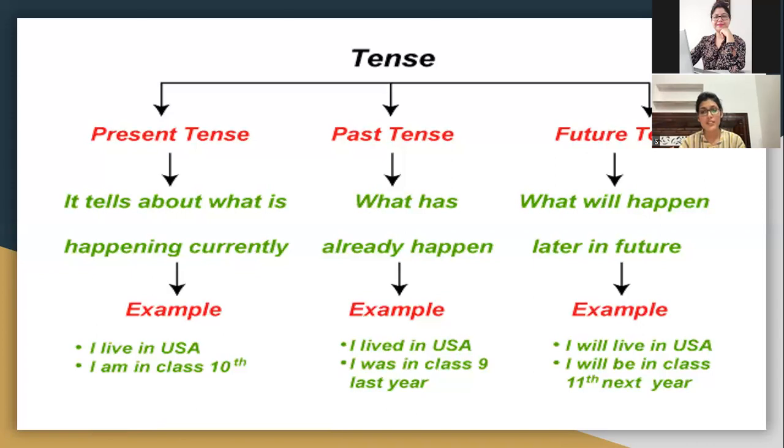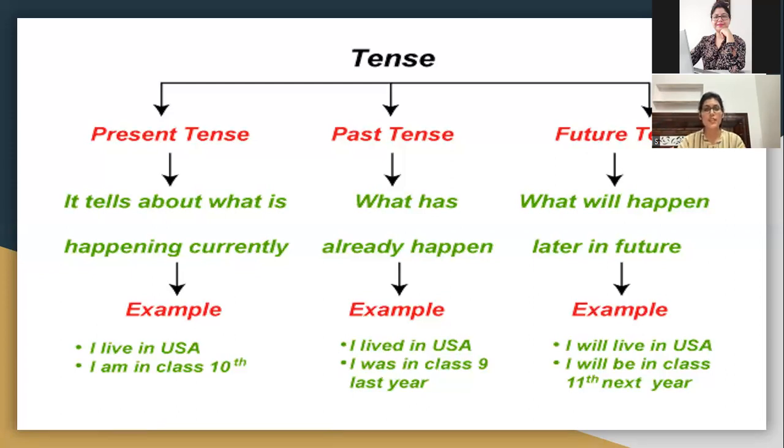I will live in USA in the future. So we have three different types, but using the verb we can easily say I live in USA, I lived in USA, I will live in USA, for present, past, or future.